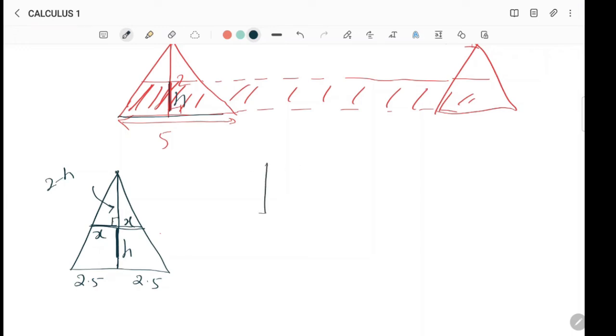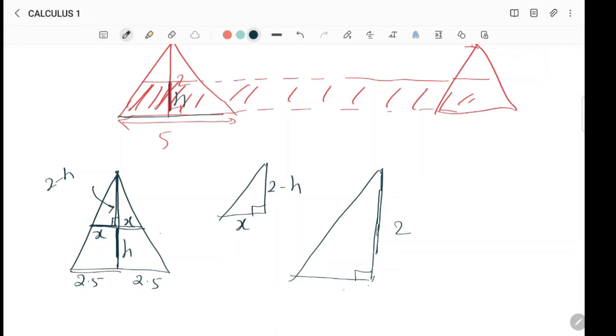So now we have two right angle triangles, one small and one large. This height is 2 minus h, and the total height was 2. This is x and this is 2.5.